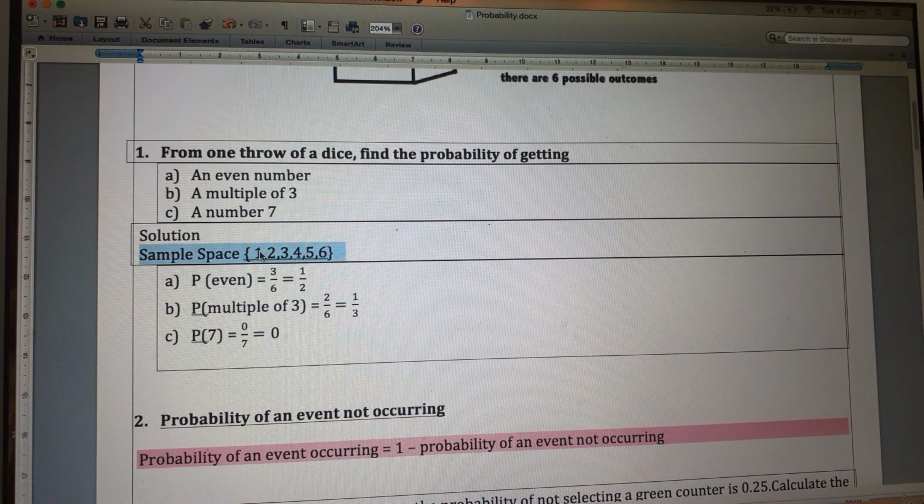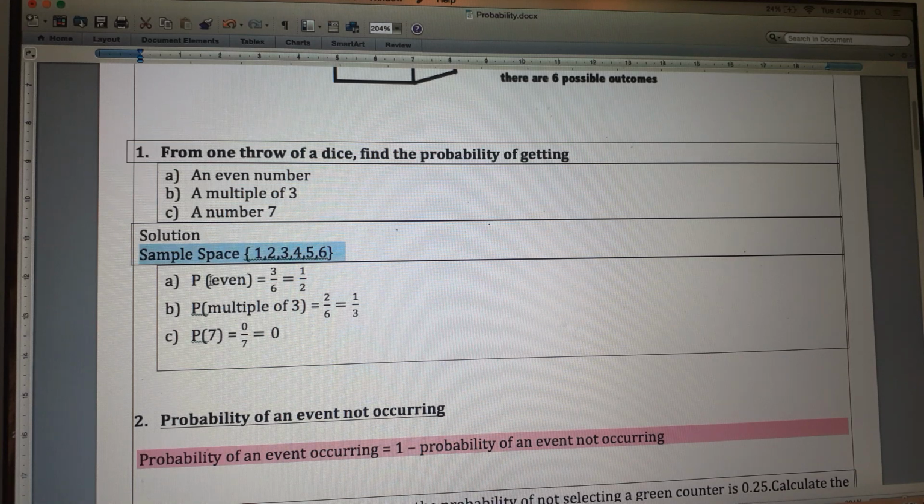Sample space basically reflects all the possible outcomes that are expected from a throw of a dice. When I throw a dice, I may get 1, 2, 3, 4, 5, or 6. So these are the possible outcomes as a result of a throw of a dice.